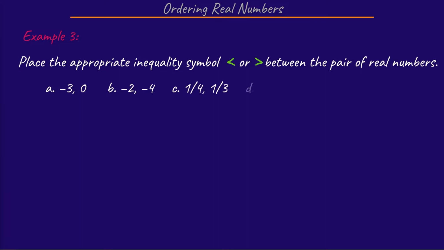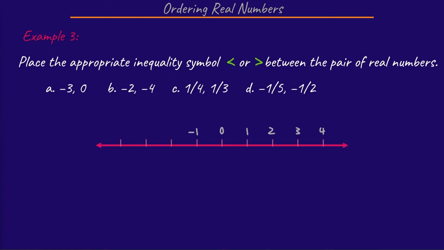And the last thing that we have is -1/5 and -1/2. So let's start with drawing the line of real numbers, starting with the origin 0. Then the right side and the left side. 1, 2, 3, 4, -1, -2, -3, and -4.